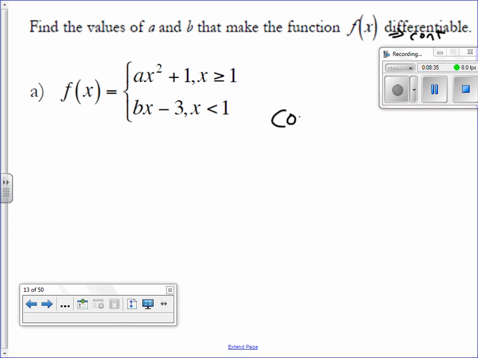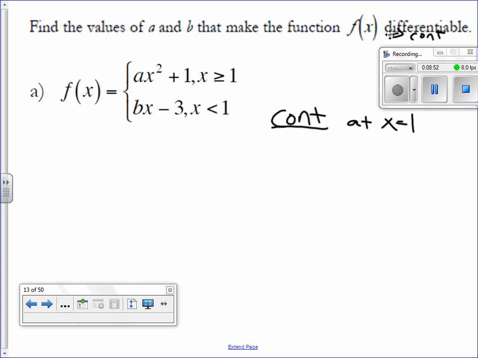So the fact now that we know it's got to be continuous at x equals 1, what do we know about the left and right hand limits? They have to be equal. So we just set them equal to each other.